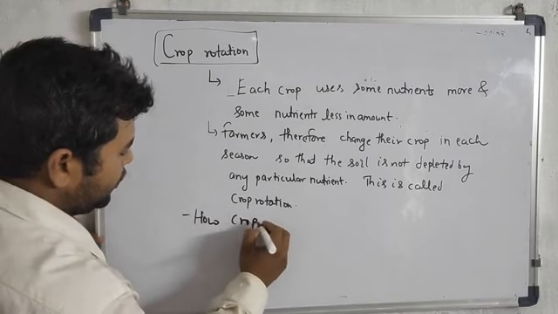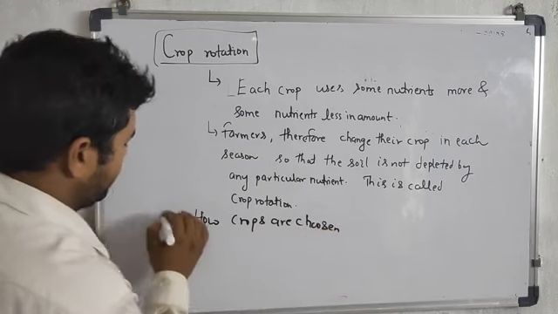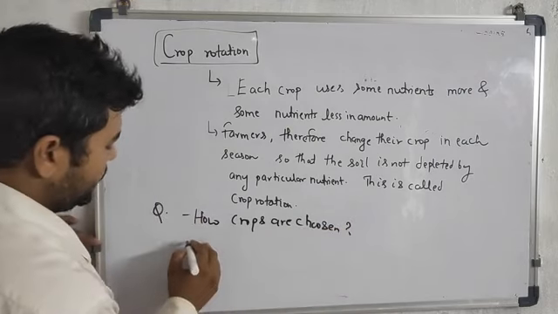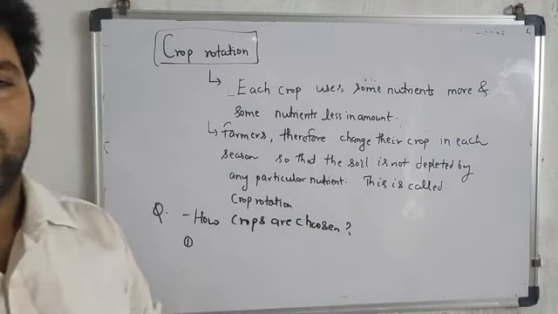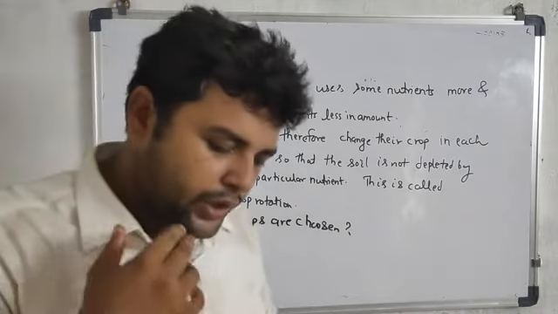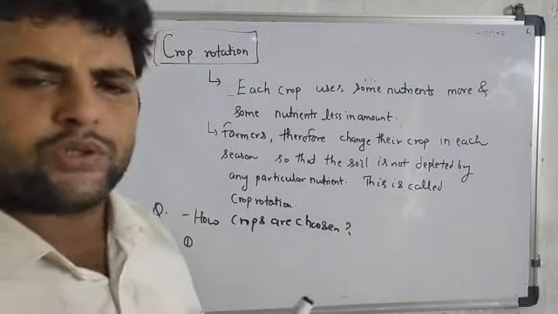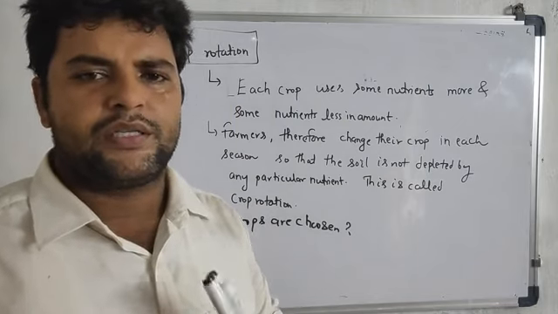So how are crops chosen for the crop rotation? Okay, so first of all, suppose whenever we are going to cultivate two things, suppose I am going to cultivate mustard as well as wheat in the same land.